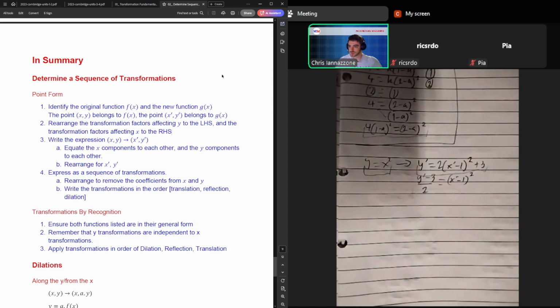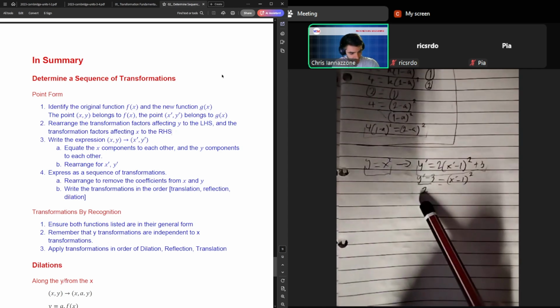Next stage is to equate the x components to each other and the y components to each other. What would that look like? y equals y dash minus 3 over 2, and x equals x dash minus 1.